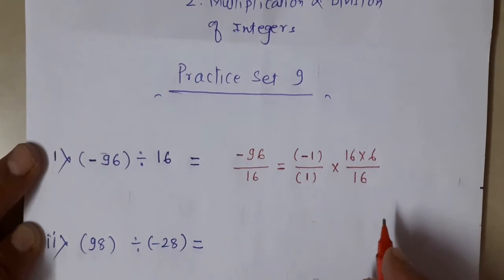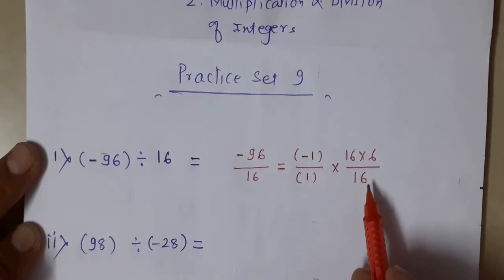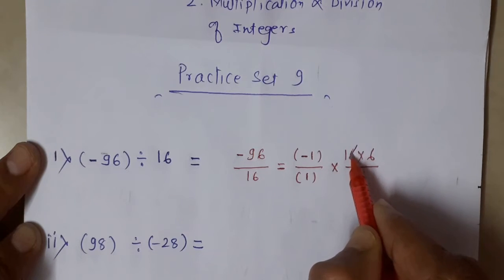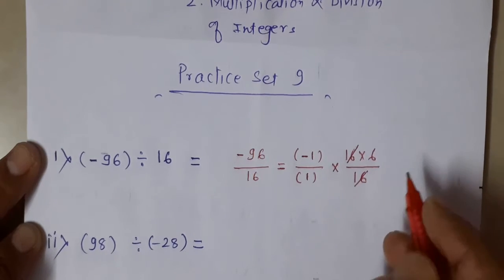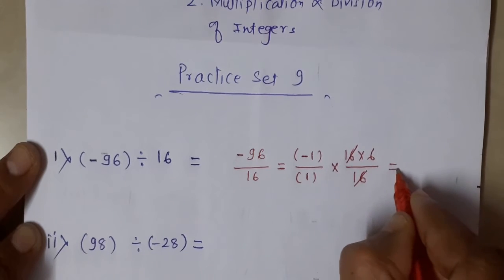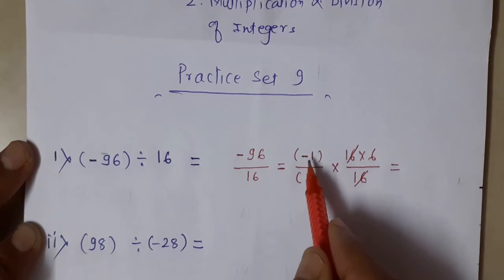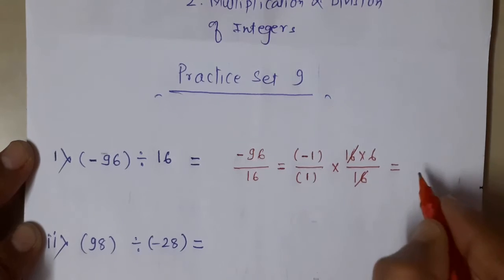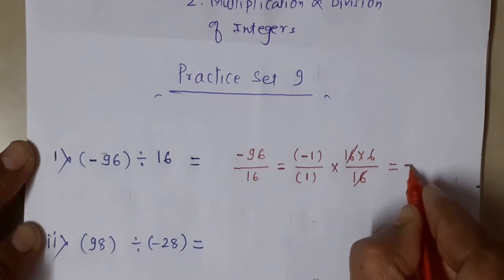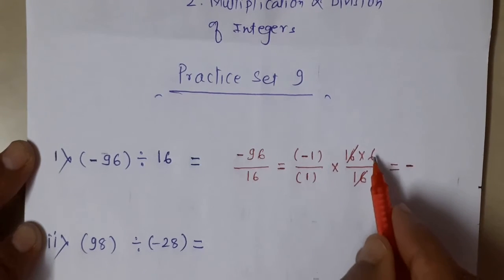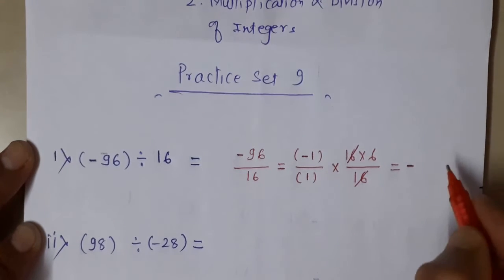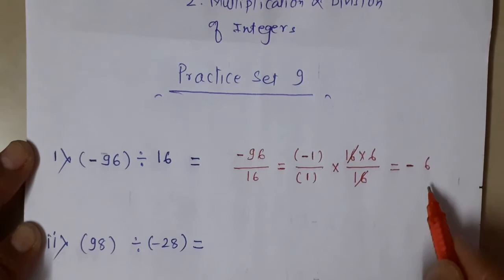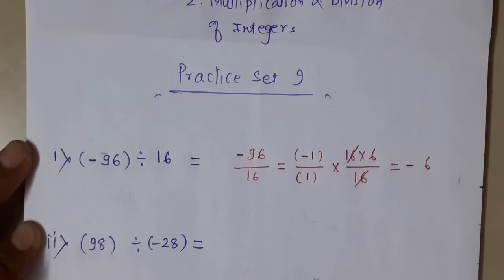Here 16 is common, so I cancel it. Our rule is: when we divide one negative integer by one positive integer, the result is always negative. So the answer is minus 6.